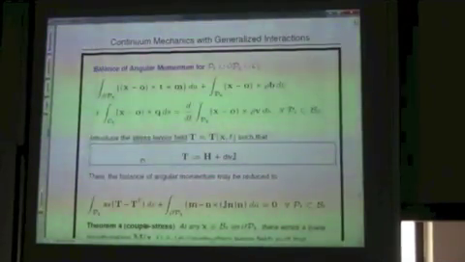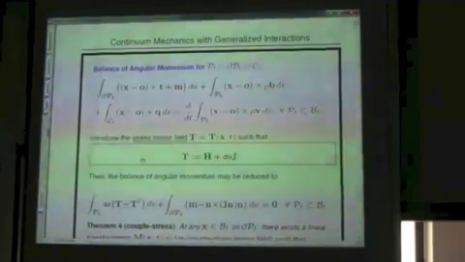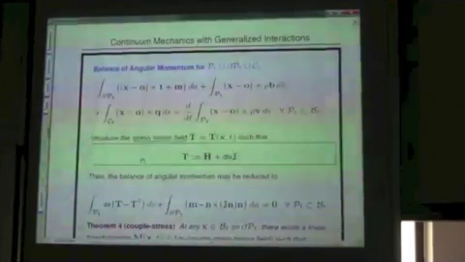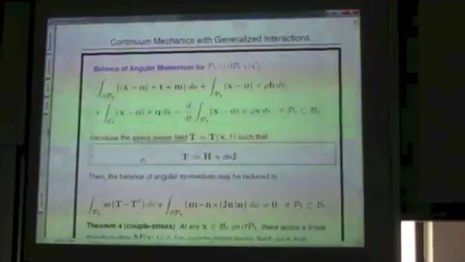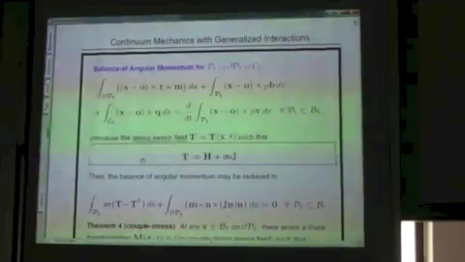Must be 0. Now you recognize there that you have a volume integral and a surface integral that have to add up for all volumes, for all choices of PT. And so again, you can use a localization argument.